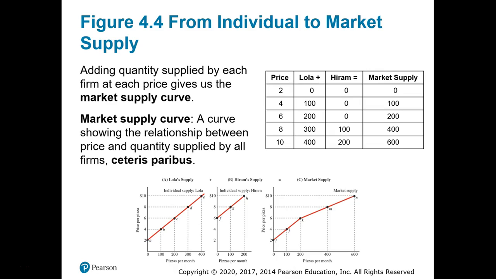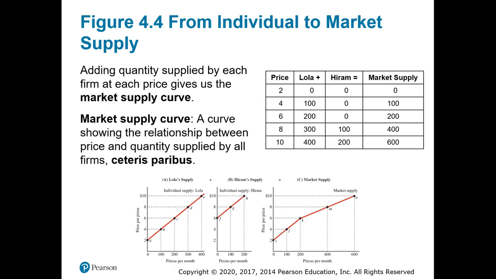When you combine the supply curves, you will find that it bends. Whereas the demand curve combined horizontally, the supply curve will bend. When you start out at 0, and let's say $2, you'll notice that's Lola's minimum. But Hiram's is different.